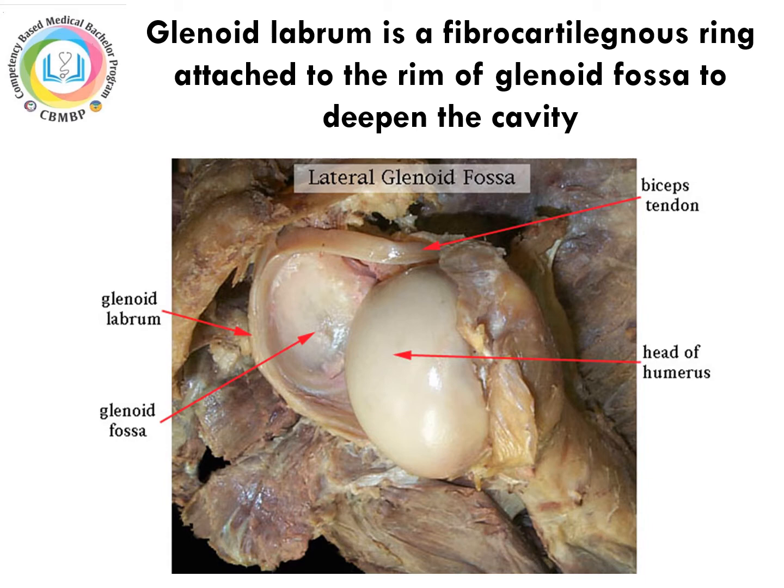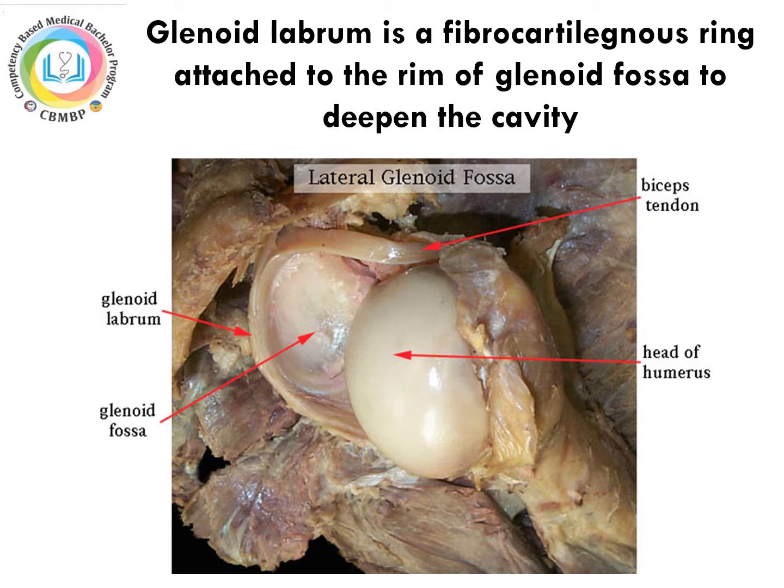The fibrocartilaginous rim surrounding the glenoid cavity is called the glenoid labrum, and this is a very important structure that deepens the cavity of the glenoid fossa, and hence aids in the stability of the shoulder joint.